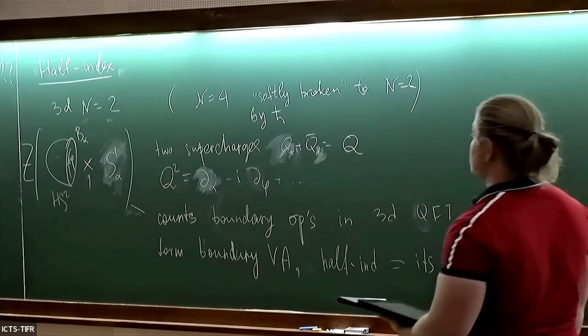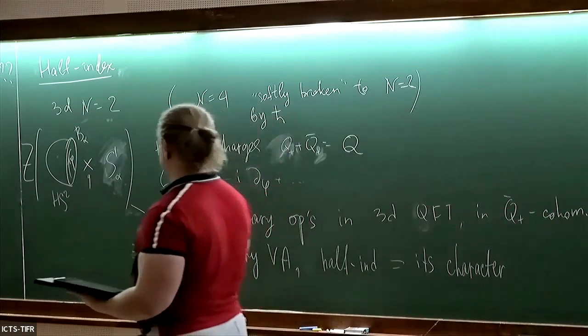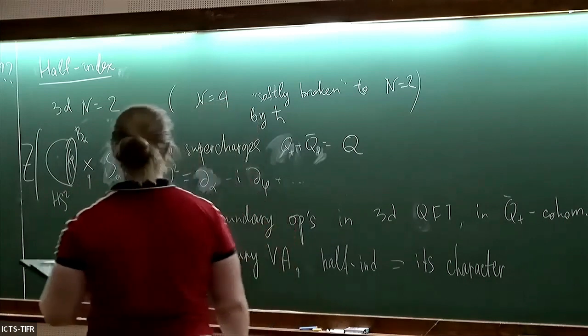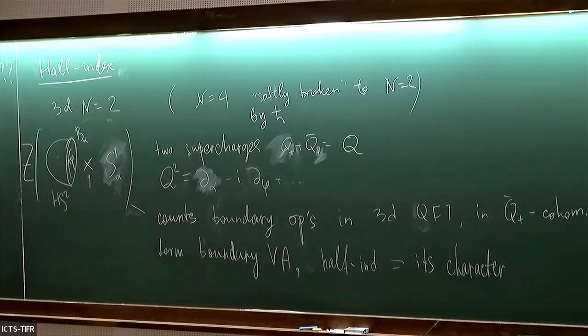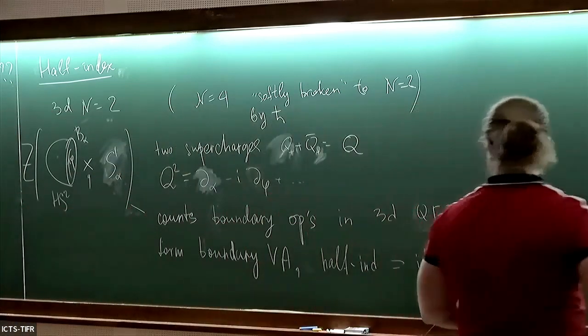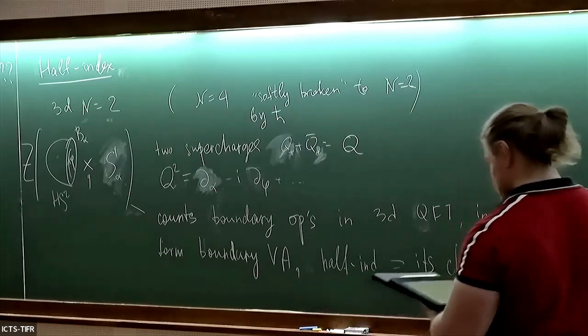Now, why am I talking about this half index? Well, because it's actually related to this object. Basically, it is equal to it for the right choice of boundary conditions.